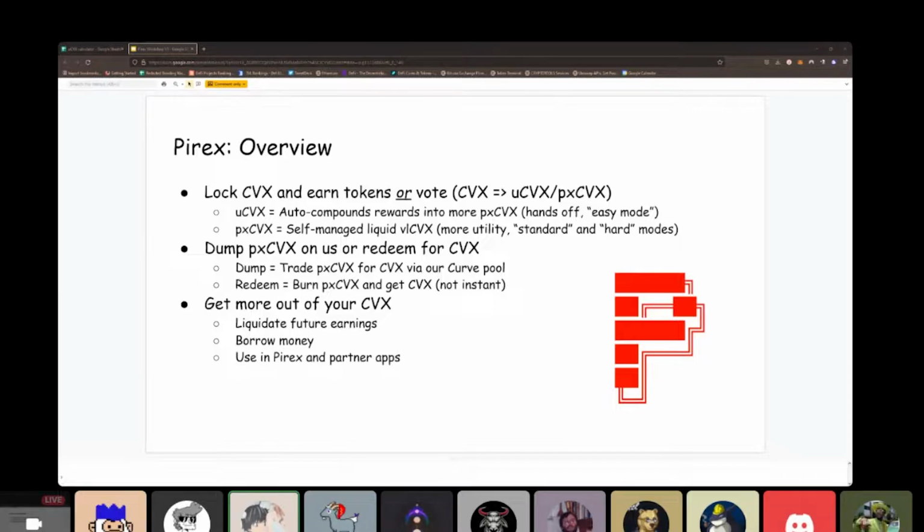But okay, so Pyrex. Our goal is to provide you as close of an experience to Convex as possible, but with additional utility and other things. You lock your CVX with Pyrex, and instead of having a token that's not transferable, we address that by issuing you a token called PXCVX, which is backed by every CVX that you deposit.